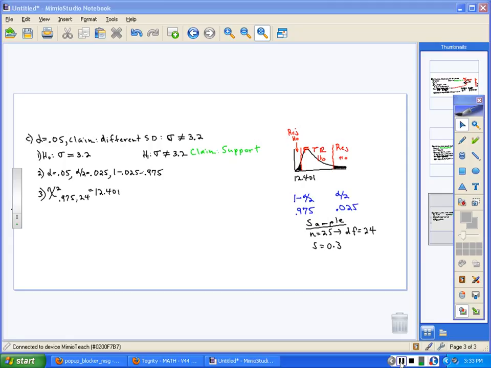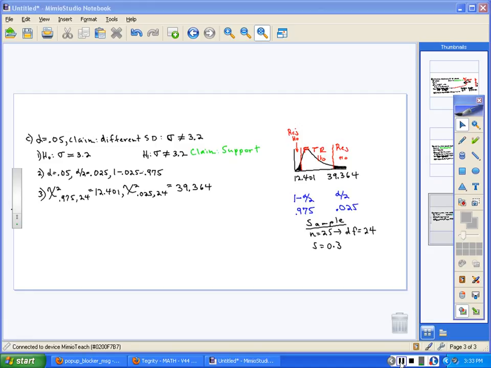And then for the right side, chi-squared sub 0.025, comma 24, and go to the chi-squared table. 0.025, 24 turns out to be 39.364. So this is 39.364.